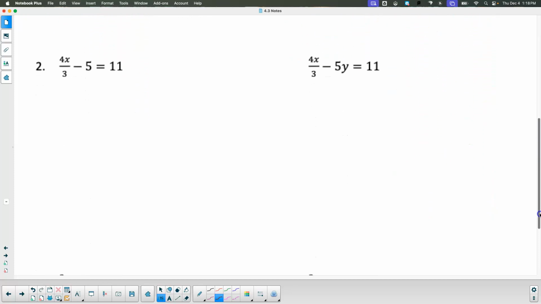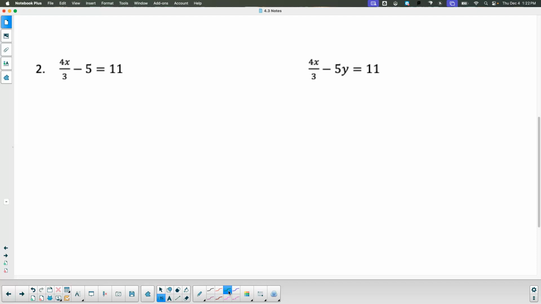You try now number 2, solving both number 2's for x. Walk me through it. Number 2, left one will go first. First thing. Where would I multiply by 3 on both sides? Everywhere?